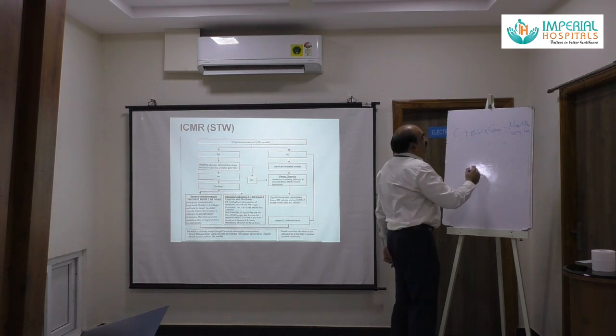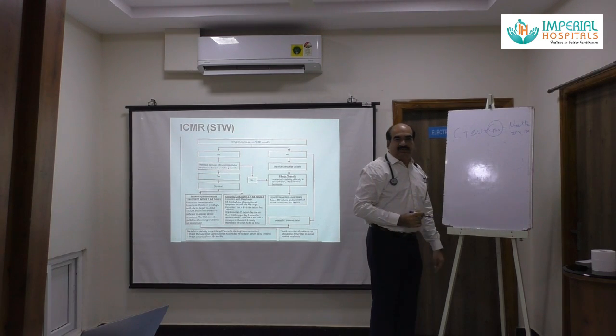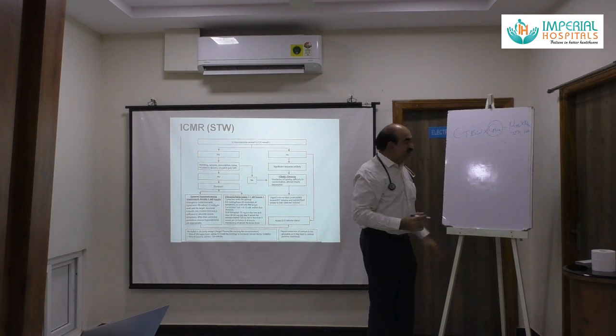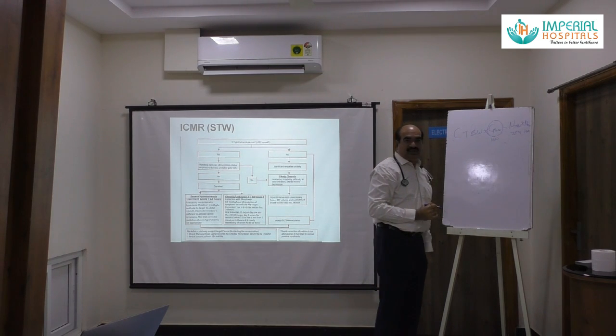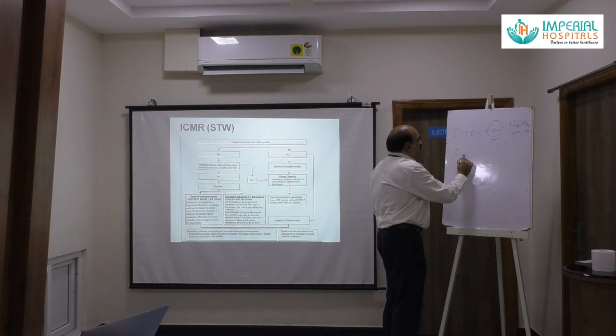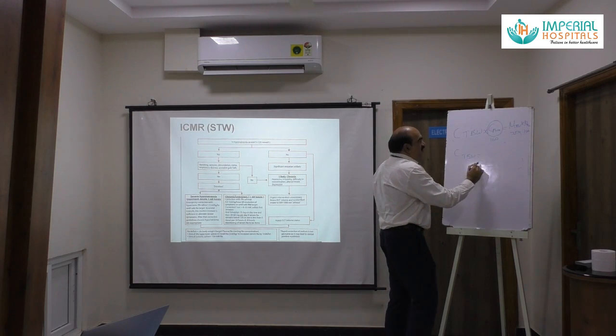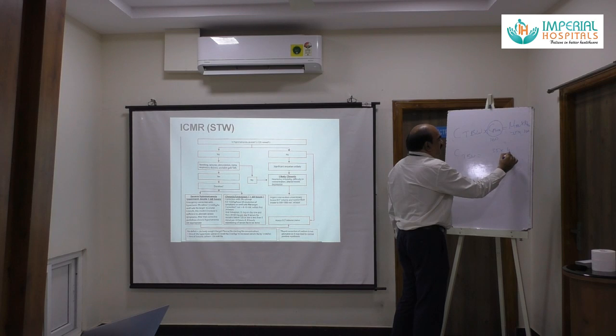We know the current plasma sodium. In hyponatremia cases, suppose plasma sodium is 160, we can get the current total body water. Current total body water is equal to normal total body water, that is 35, times normal plasma sodium, that is 140, divided by current plasma sodium, that is 160.